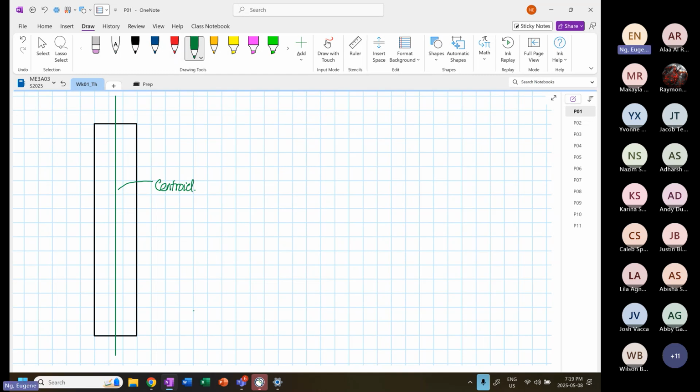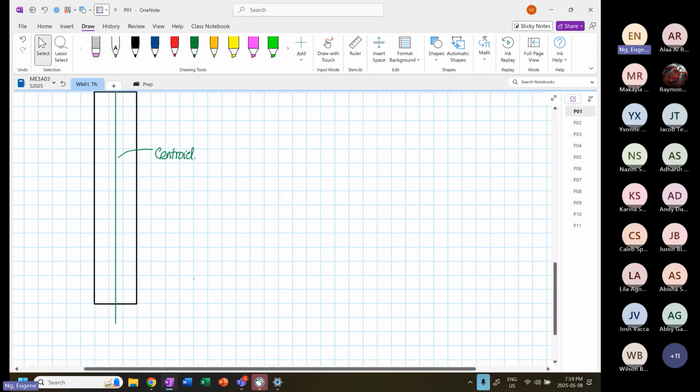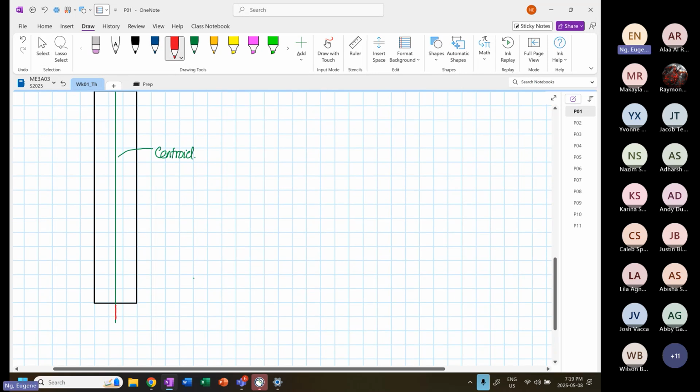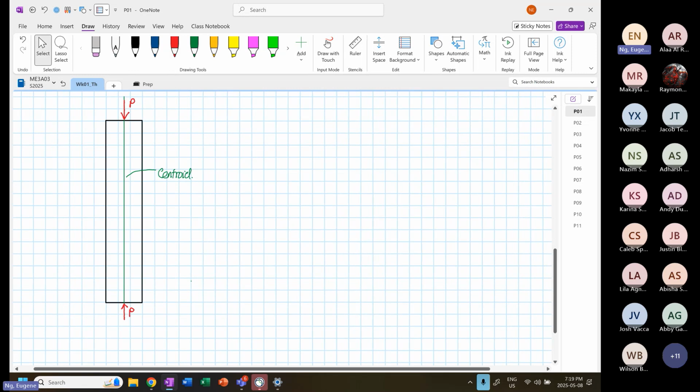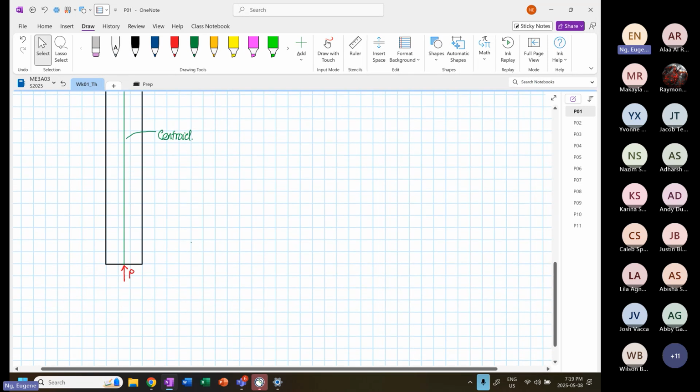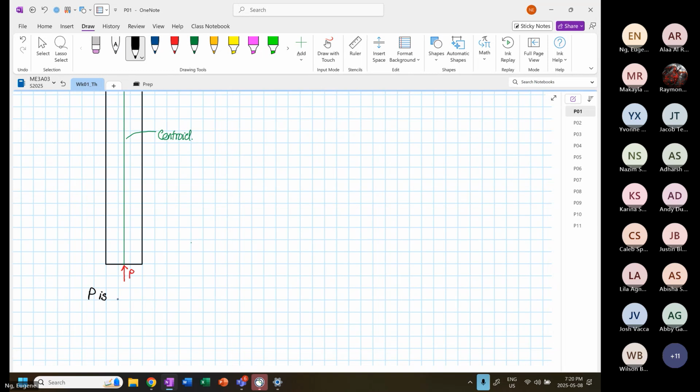So buckling will only occur if the load is acting in compression, like what you see over here. And for this case, P is acting along the centroid.